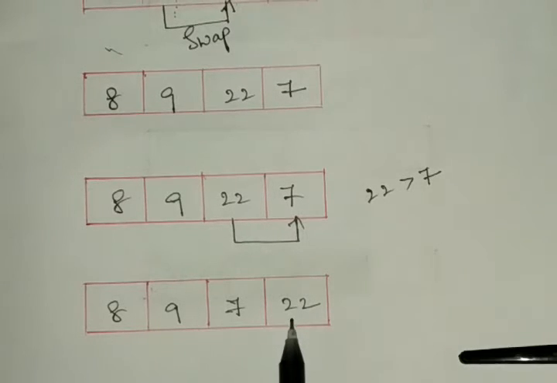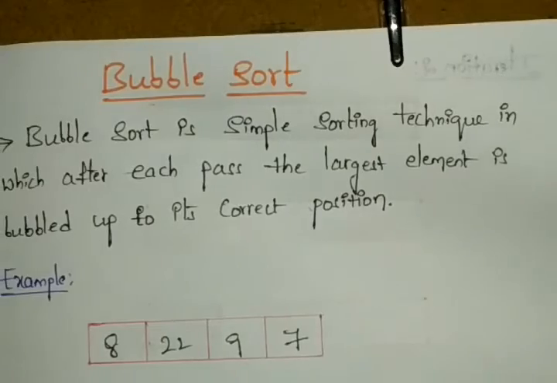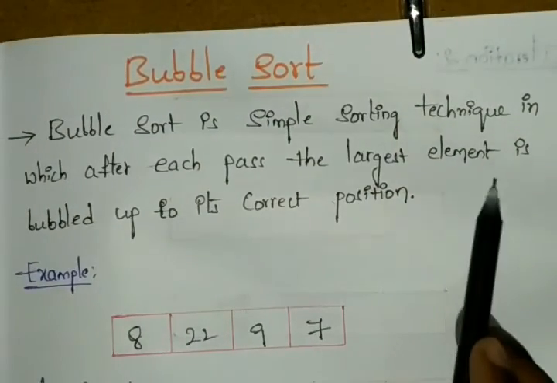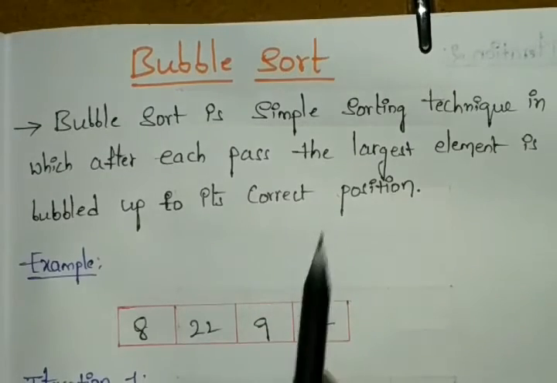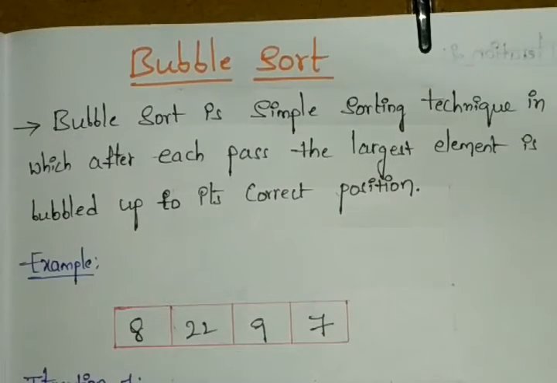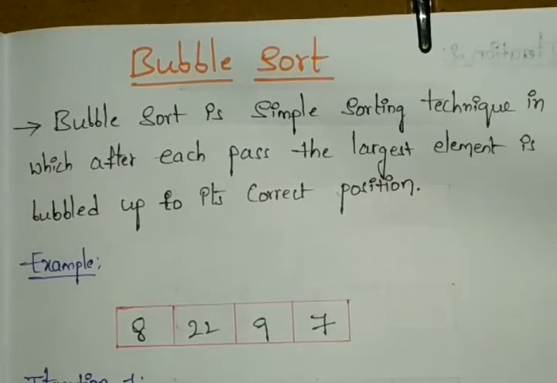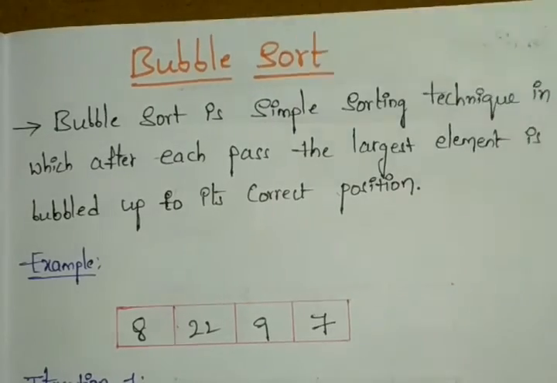The 22 is arranged in the correct position, right? The largest element is arranged in its correct position, which means it has bubbled up. So once you can see, the largest element is bubbled up to its correct position.